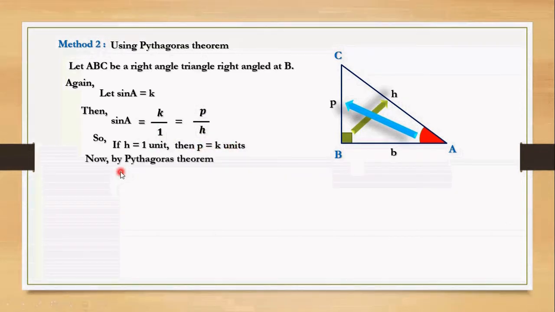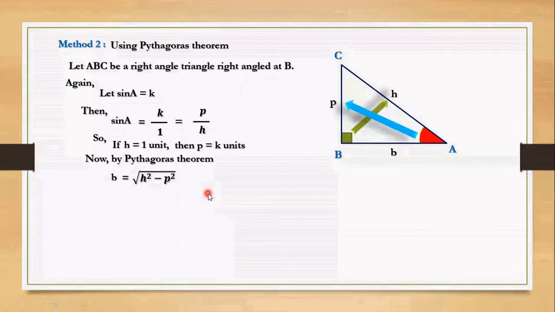Now, using Pythagoras theorem, we have B equals root under h square minus p square. Let's substitute its value: h is 1, so h square is 1 square, minus p square, and p is k. So we have b equals root under 1 square minus k square.